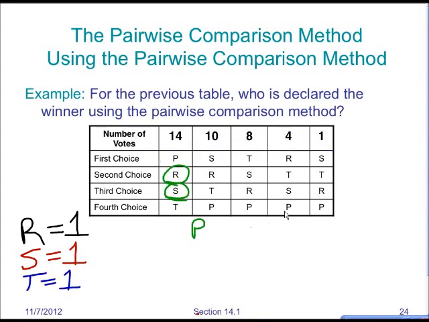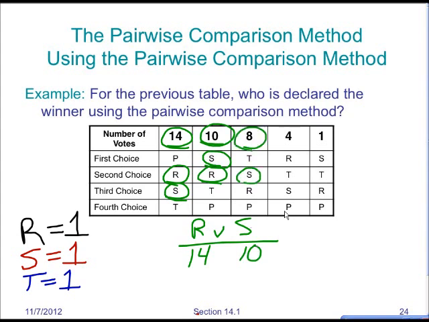So we're going to do Rita versus Sarah. We've got 14 people that ranked Rita higher than Sarah. We've got 10 people that ranked Sarah better than Rita. 8 Sarah over Rita. 4 Rita over Sarah.